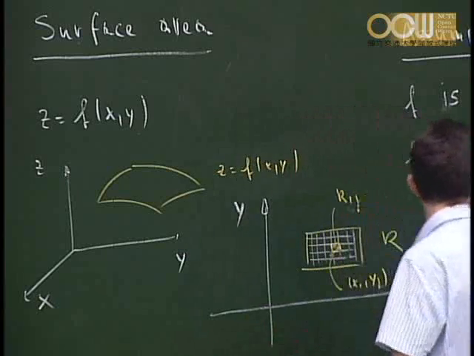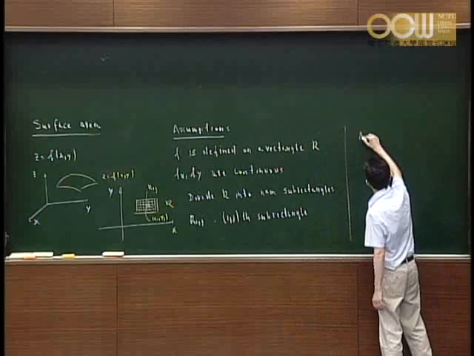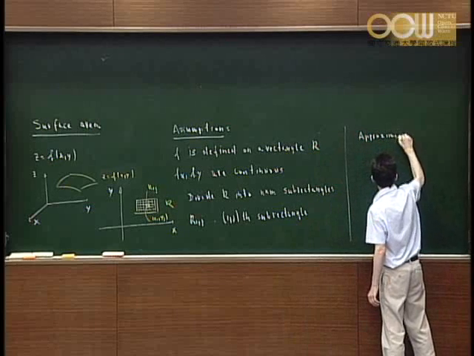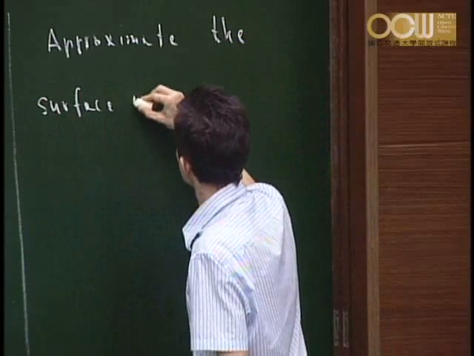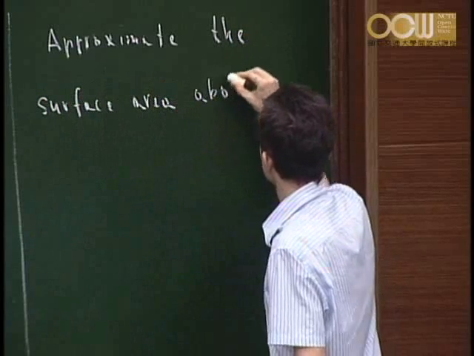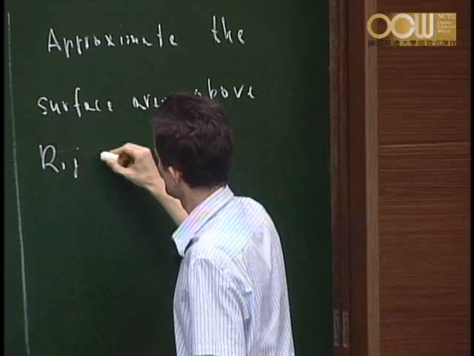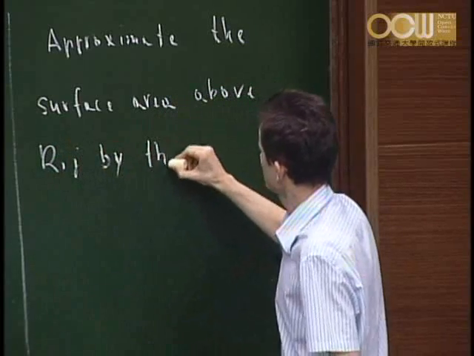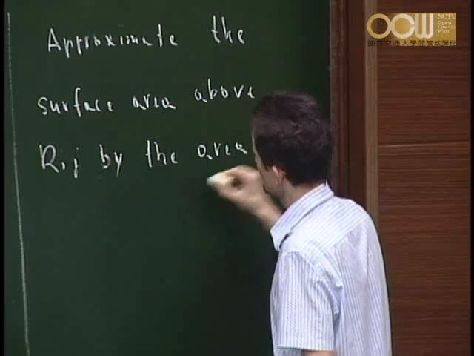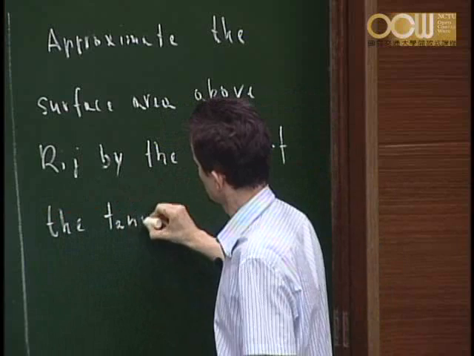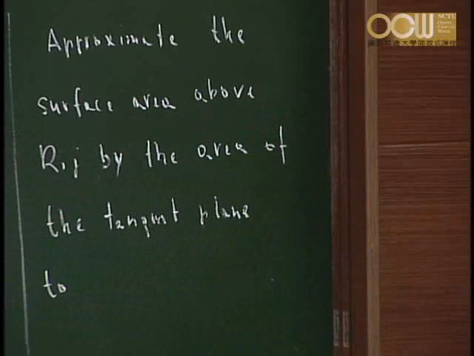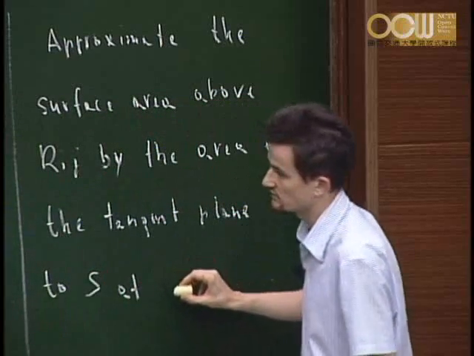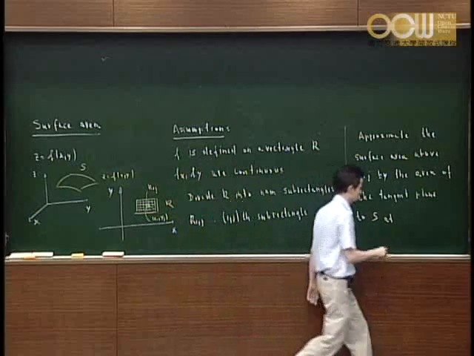So approximate the surface area above Rij by the area of the tangent plane to, let's maybe call this surface S here, to S at the point xi yj.